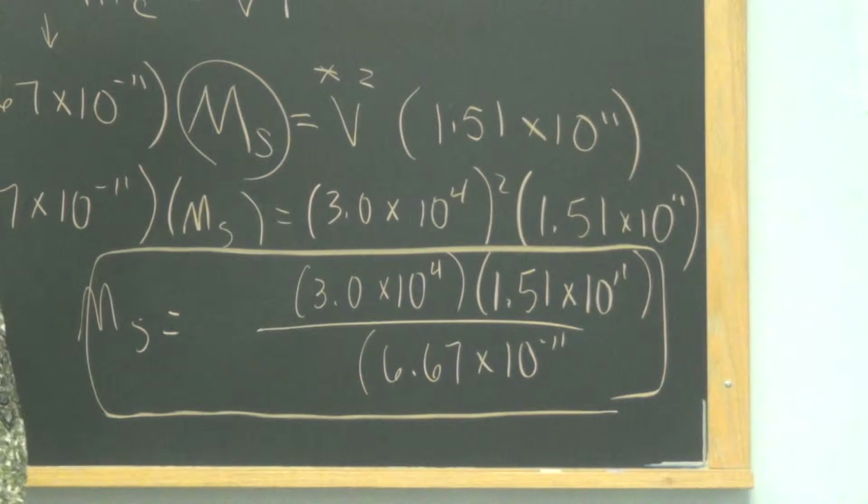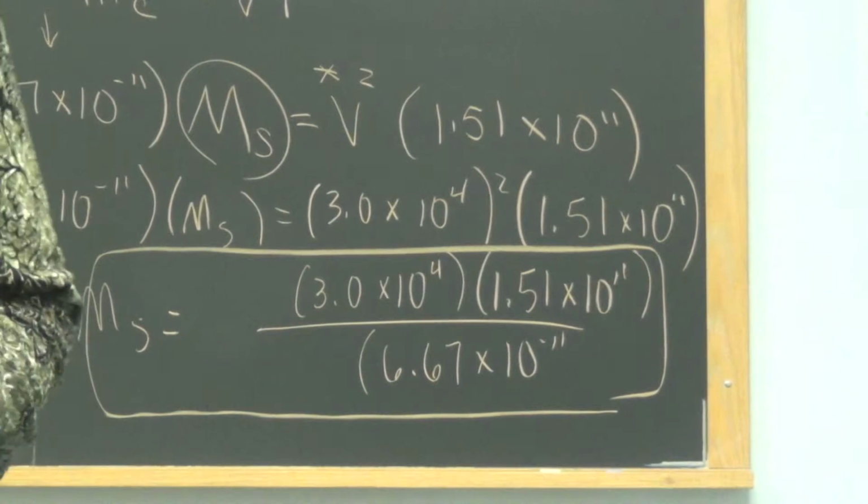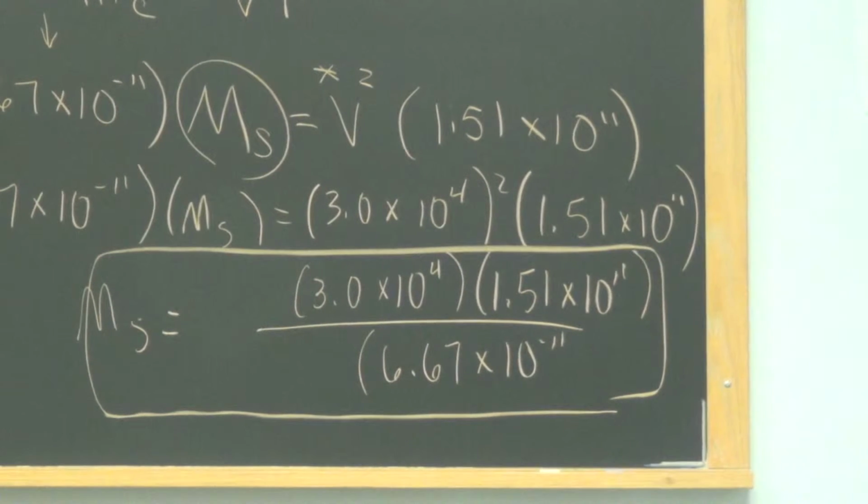Can I peek at that? Are you getting something times 10 to the 30? I got 10 to the 25th. Oh, hold on, let me redo it. I might have put it in wrong. What did you get?